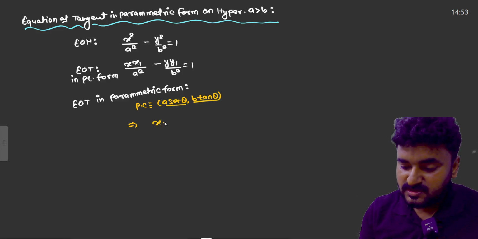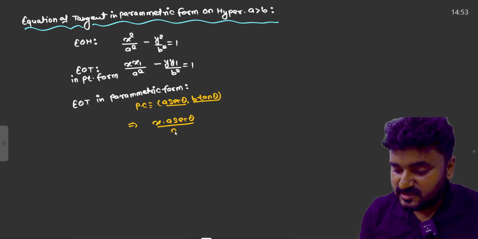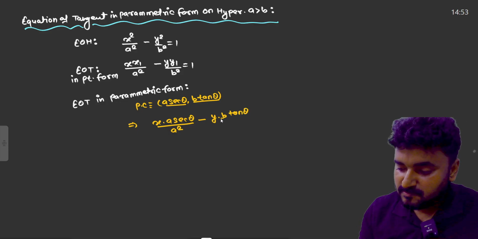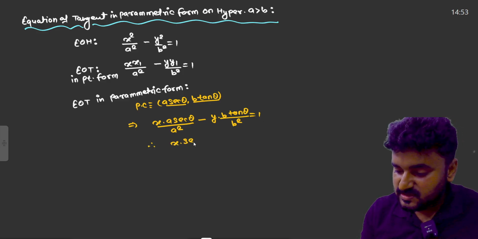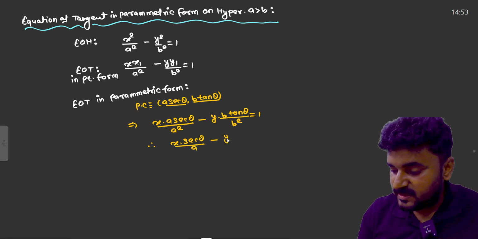So this becomes x into a sec theta by a square minus y into b tan theta by b square is equal to 1. Now this equation becomes x sec theta by a minus y tan theta by b is equal to 1.